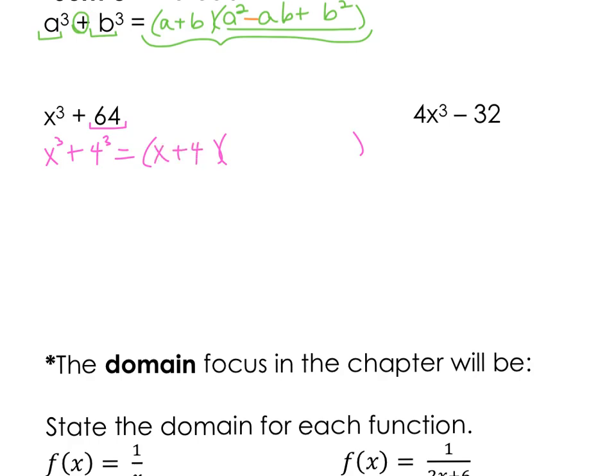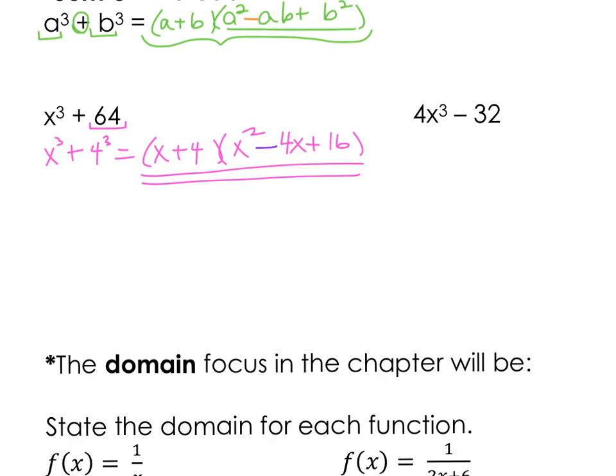In that second parenthesis, it's the first term squared, so that would be x squared. And then the formula is minus. Take the 2 numbers or 2 parts and multiply them together. X times 4 is just 4x. And then it's plus. 4 squared is 16. It's pretty easy once you have that formula up above memorized. So we have x plus 4 and x squared minus 4x plus 16.